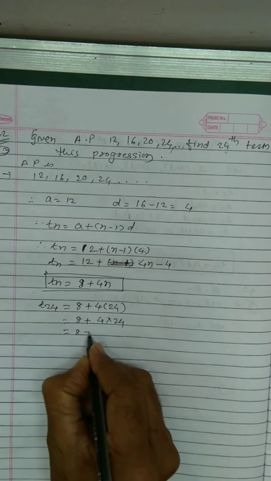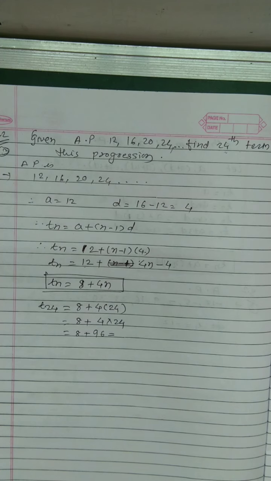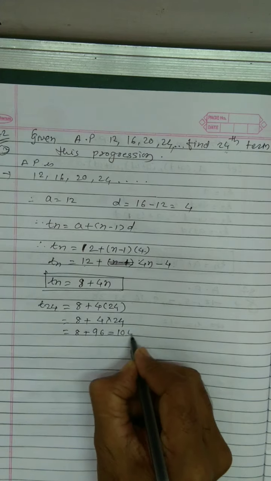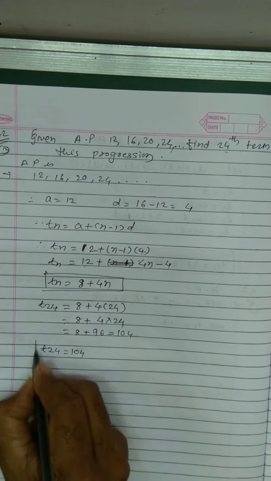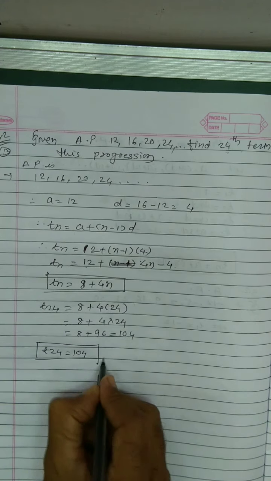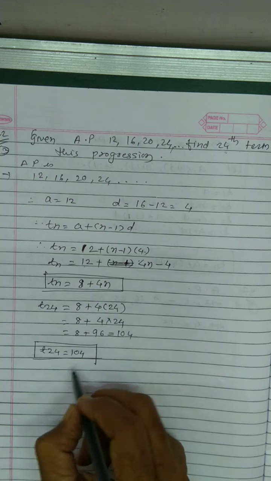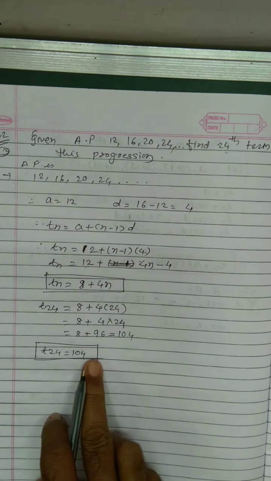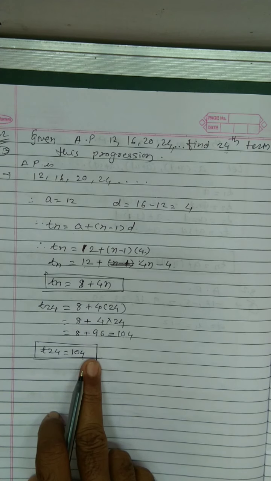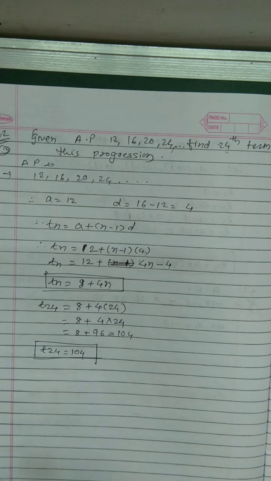Hence 8 plus 4 into 24 is 96, and 8 plus 96 is 104. Hence T24 is equal to 104. We can also substitute the n value here directly and find that T24 is equal to 104. That is the 24th term.